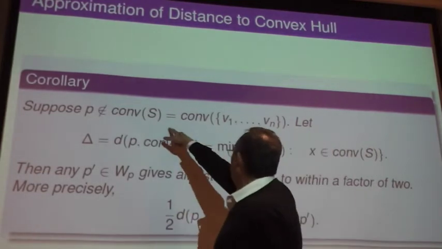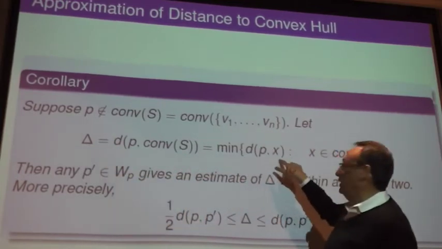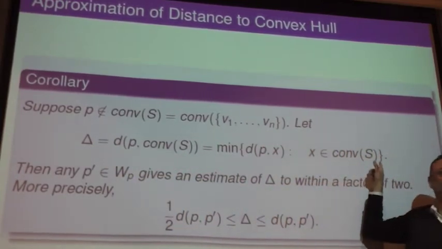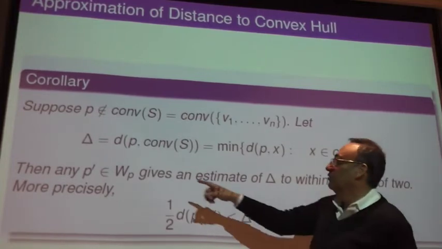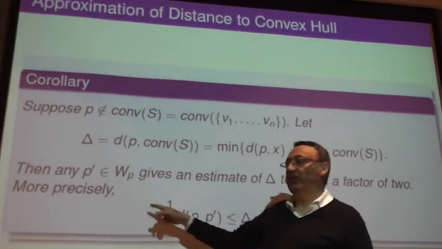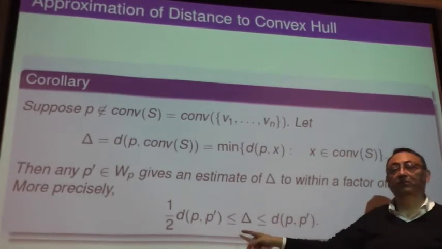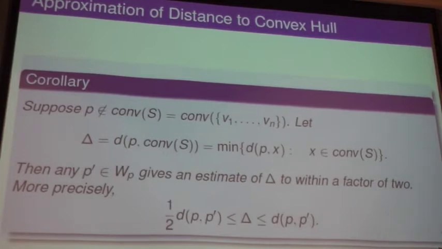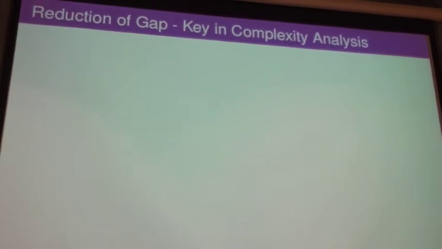So suppose P is not in the convex hull, and let delta be the distance, which is the minimum of the distance as X ranges over the convex hull. Then, when you have a witness, you already have an approximation to this distance, to within a factor of 2. So again, it's a fact. You can think of the triangle algorithm as an algorithm to estimate this as well, when the point is not inside.